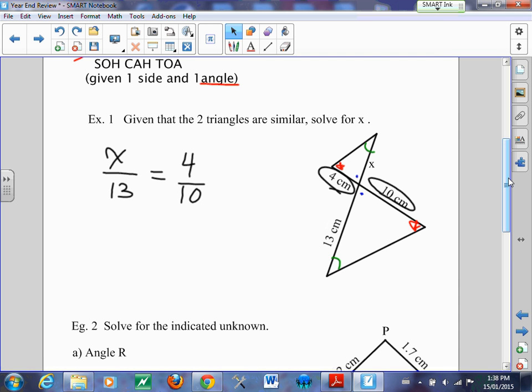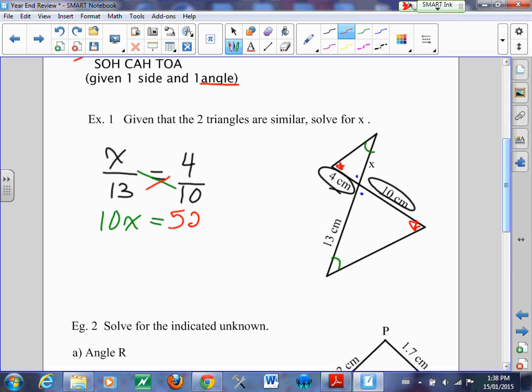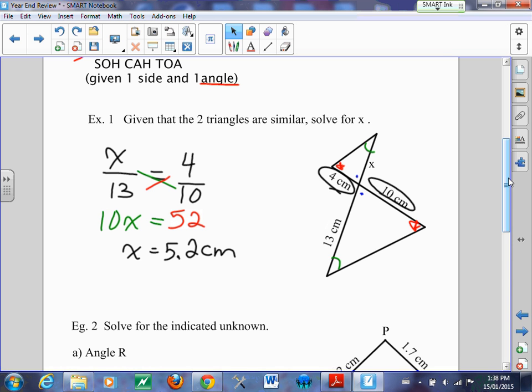Okay. Now we're going to cross multiply, folks. So x times 10 is 10x equals your opposite cross. Plug that in your calculator or use your brain, and you're going to find that that's 52. And to get x by itself, divide both sides by 10. So x equals 5.2. And what are our units here, folks? Centimeters. Awesome.